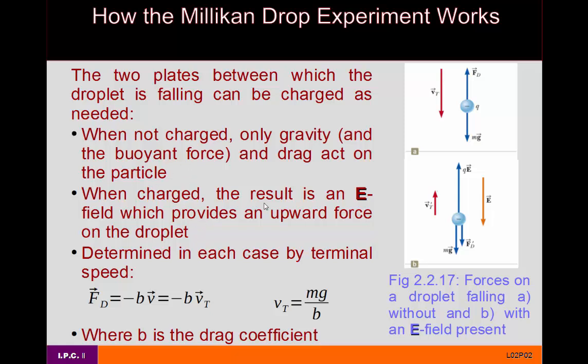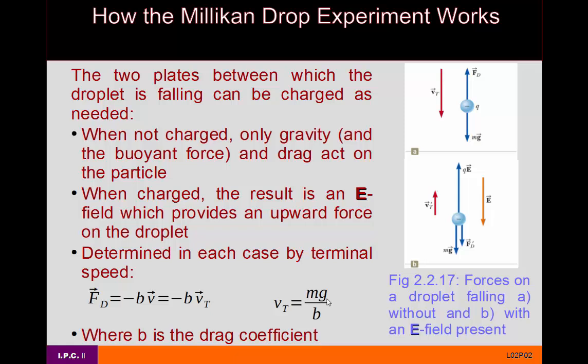And if you charge the two plates, then you get an additional upward force, and that upward force is basically the electric field acting on the charged particle. So what he did was, in each of these two cases, with no charge on the plates and with charge on the plates, he figured out what the terminal speed was. Recall that the terminal speed looks something like this in the absence of that additional force from the E field.